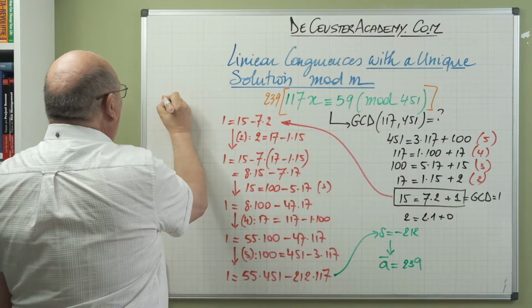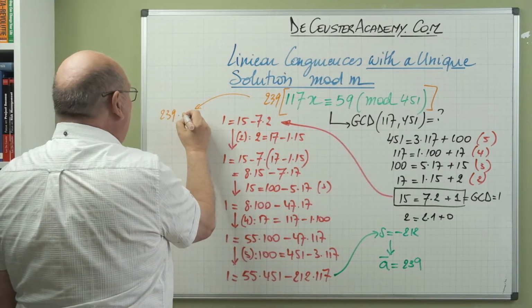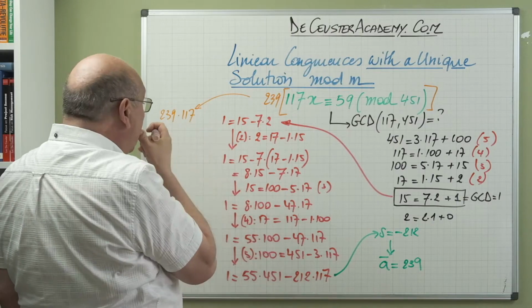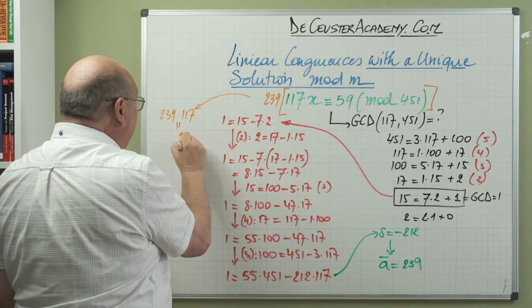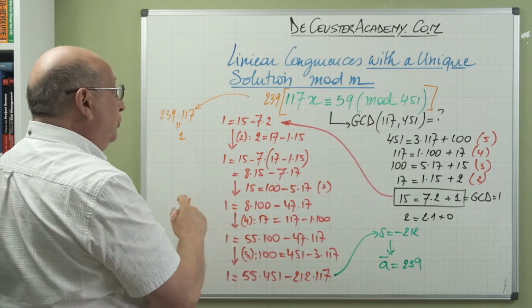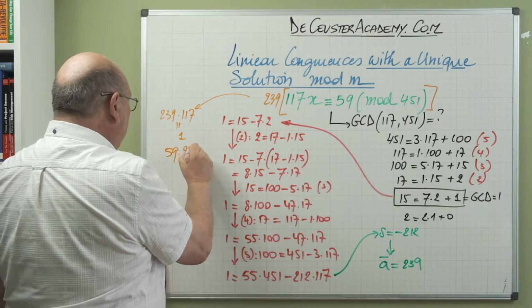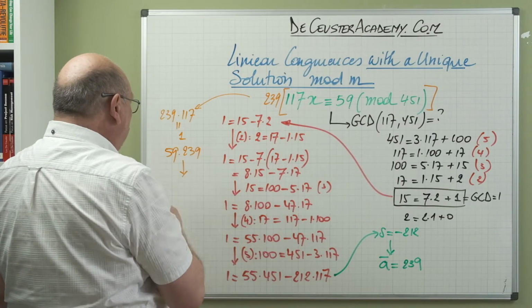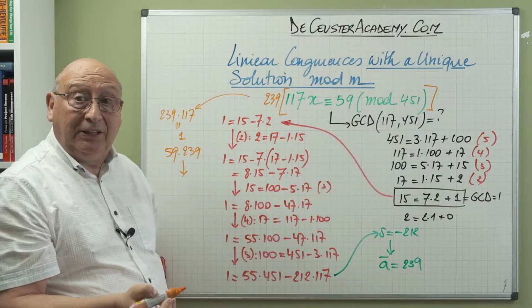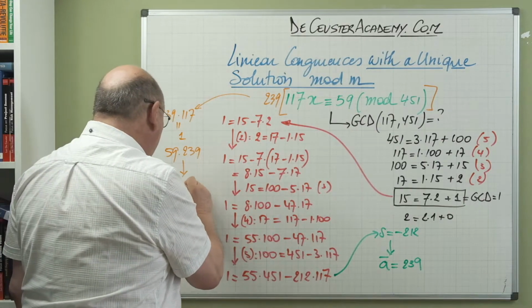So we multiply this by 239, and basically we find here 239 times 117x. So we have 239 times 117, and in the modular arithmetic this is equal to 1. And the other element we find is 59 times 239. When we put this in the modular arithmetic, we find that this is equal to 305.